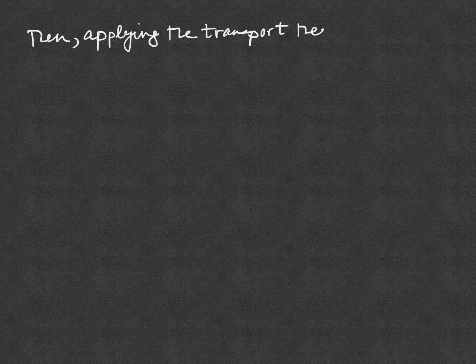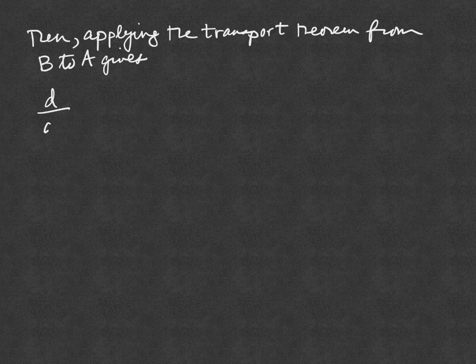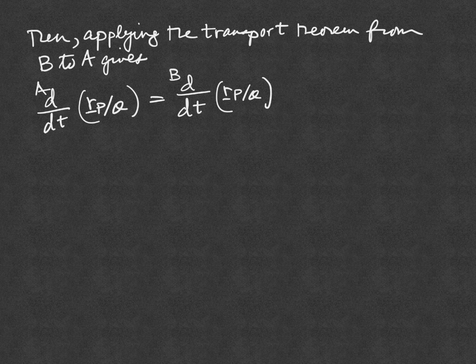So then, applying the transport theorem from B to A gives that the rate of change of the position of P relative to Q in frame A is equal to the rate of change of the position of P relative to Q in B plus omega BA crossed with the position of P relative to Q. But we already derived that the rate of change of the position of P relative to Q in B is 0.